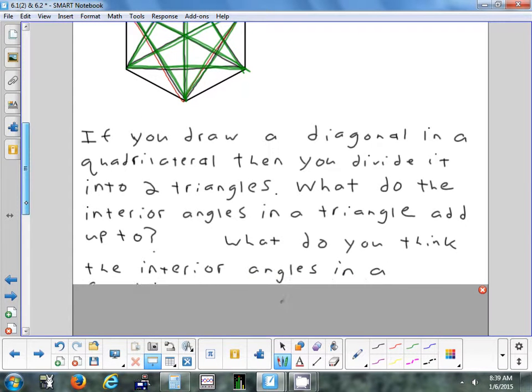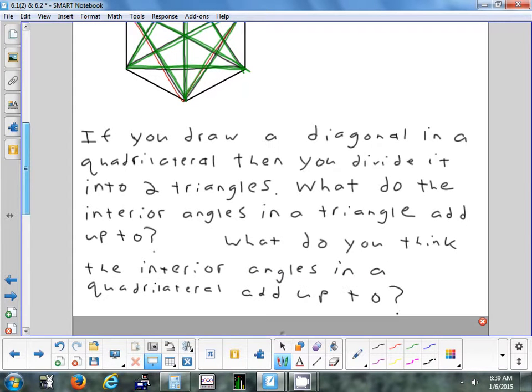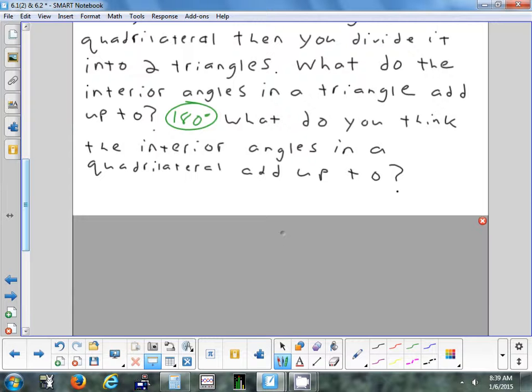It's going to add up to 360. So if a quadrilateral is basically two triangles, draw any kind of quadrilateral you want. Draw in a diagonal, and you just made two triangles. Each triangle adds up to 180 degrees. So a quadrilateral adds up to 360 interior angles.